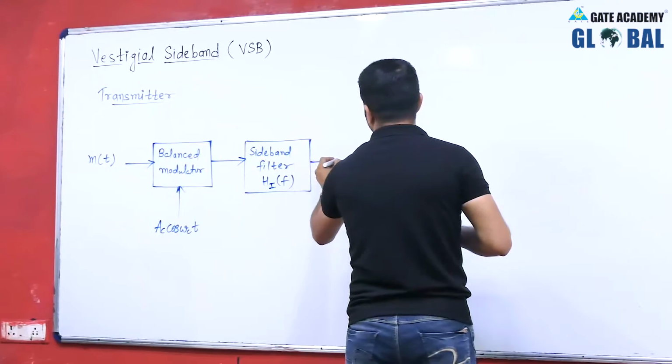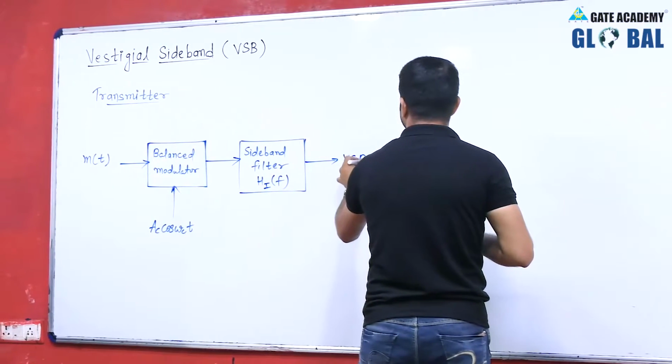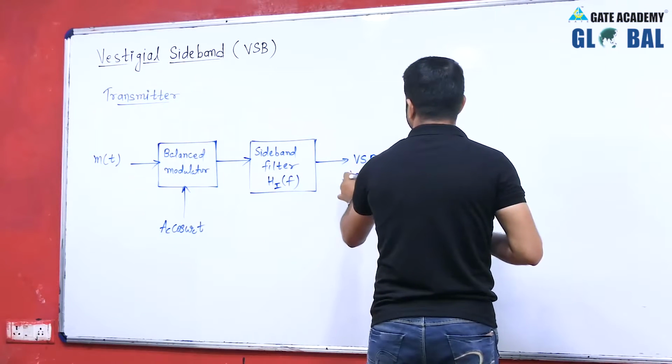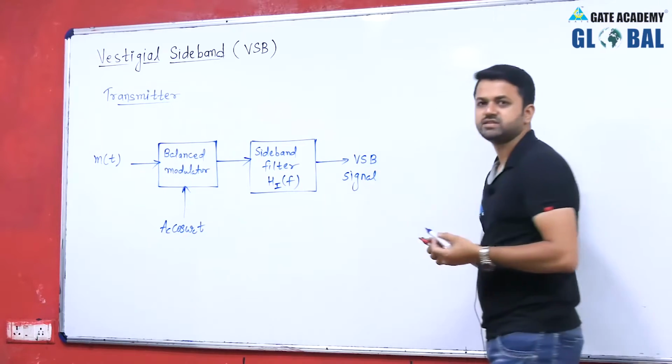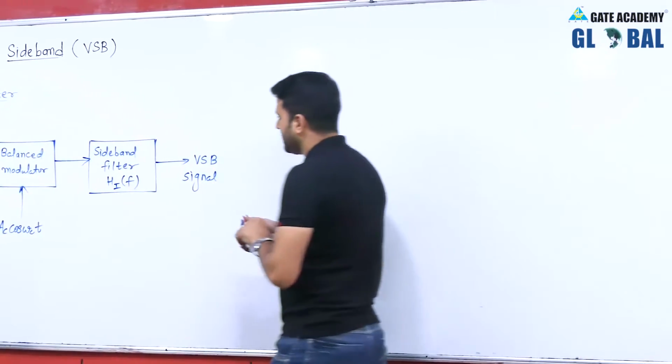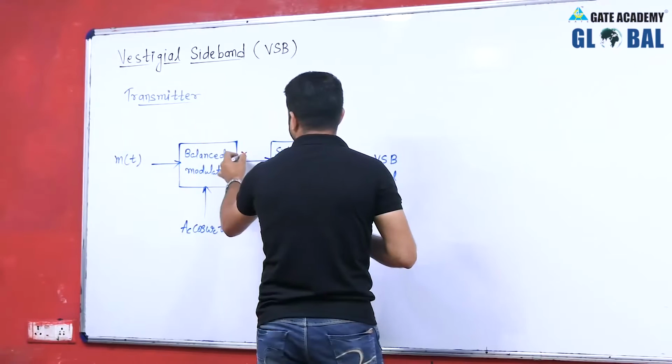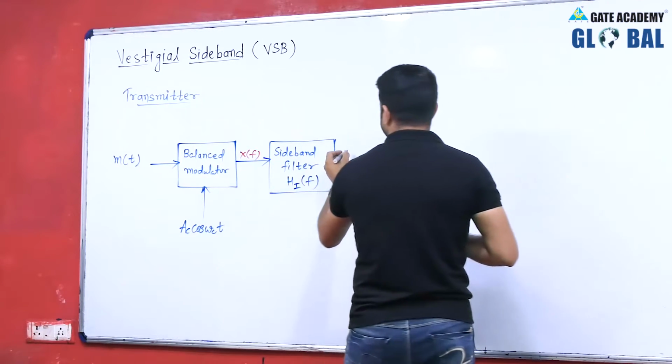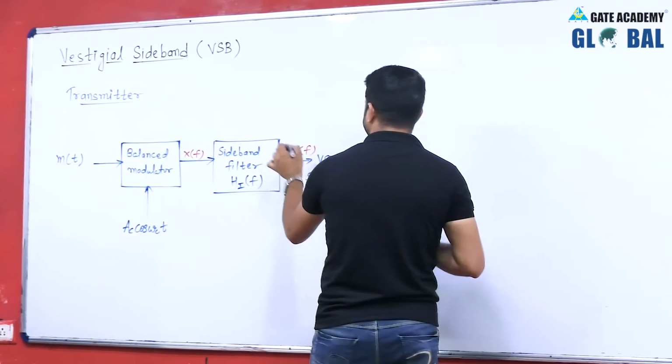So here we get a vestigial sideband signal. This is the VSB signal, and this is X(f), this is suppose Y(f).